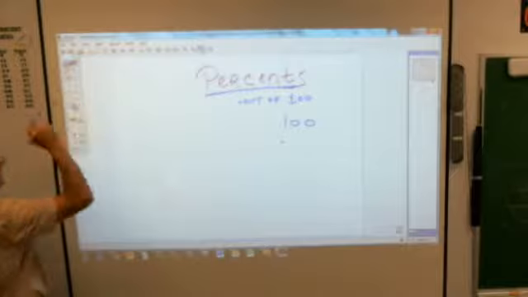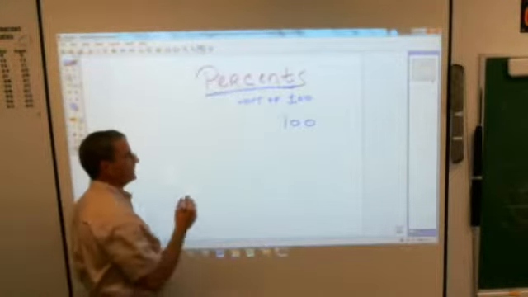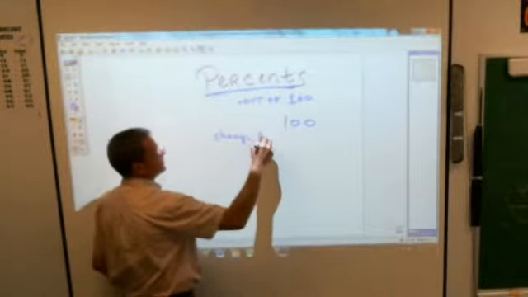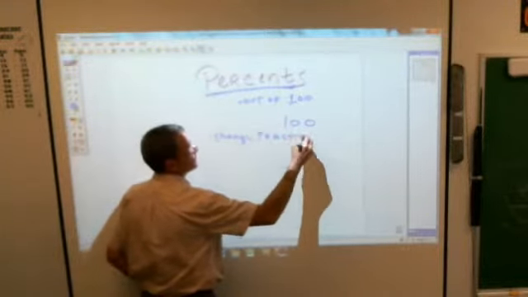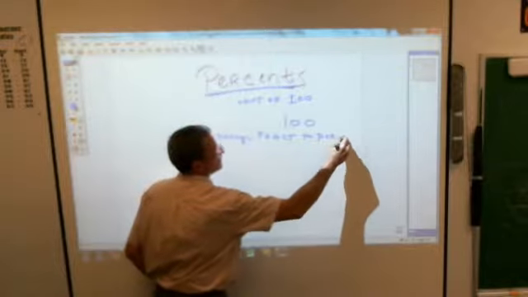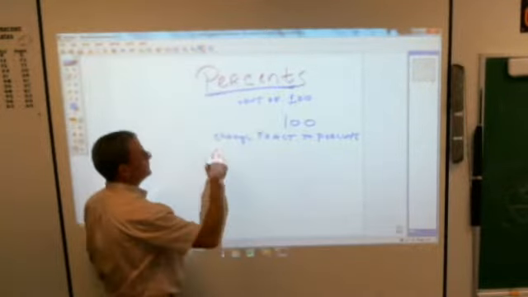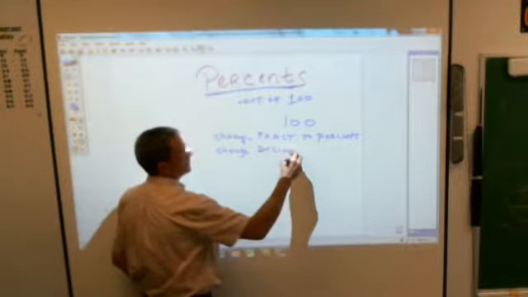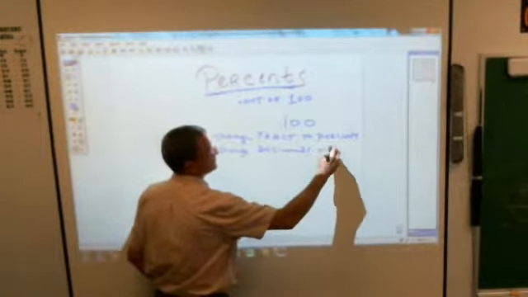Now, here are some things you're going to need to be able to do. You need to change fractions to percents, and you need to change decimals to percents.